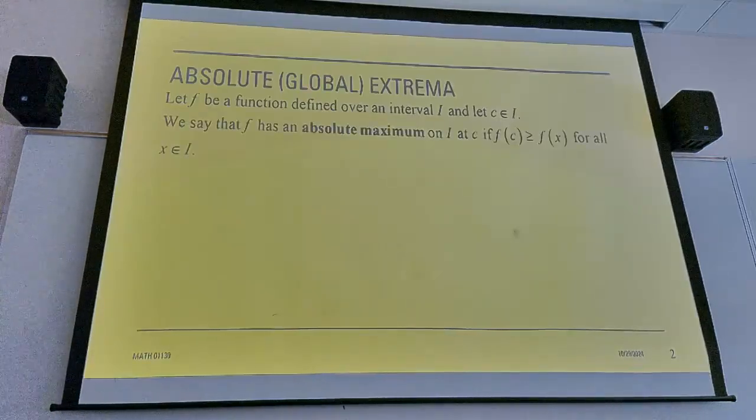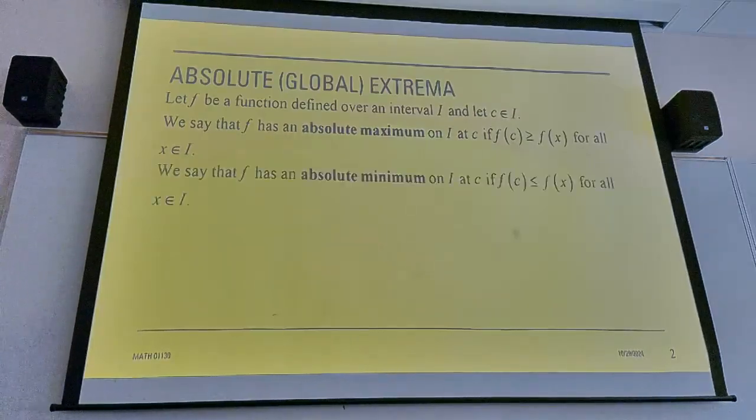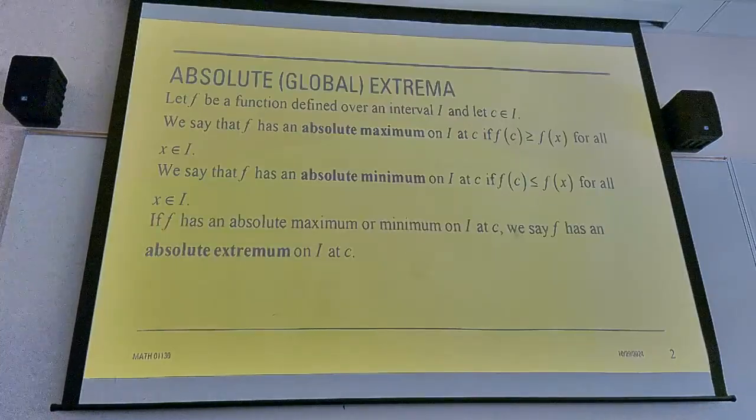F has an absolute maximum on I at C if f of C is greater than or equal to f of x for every x in your interval I. And then a similar idea for absolute minimum. Right? And collectively, they're known as extrema. Singular is extremum.